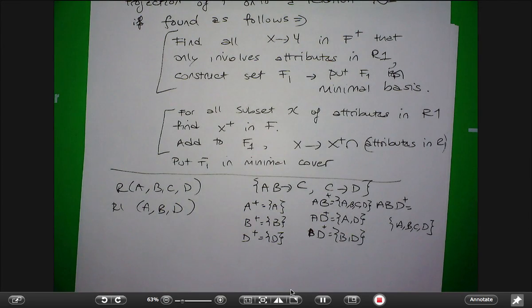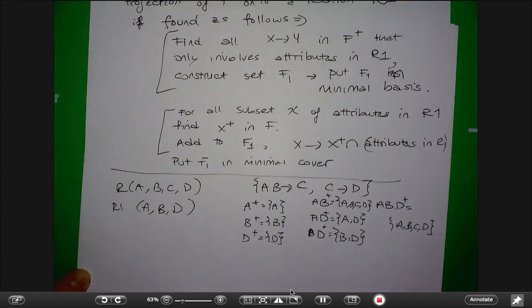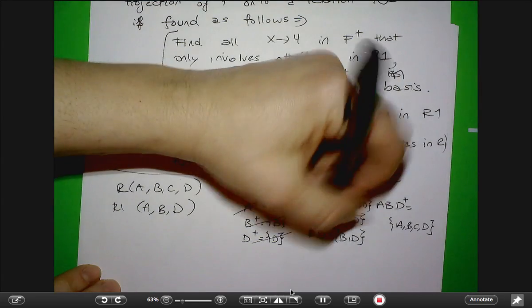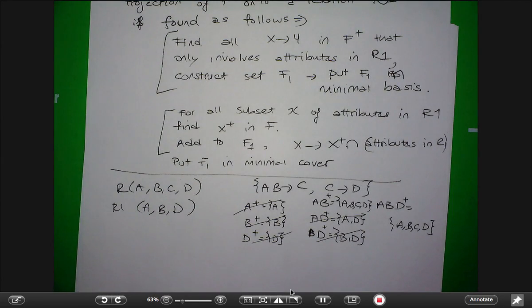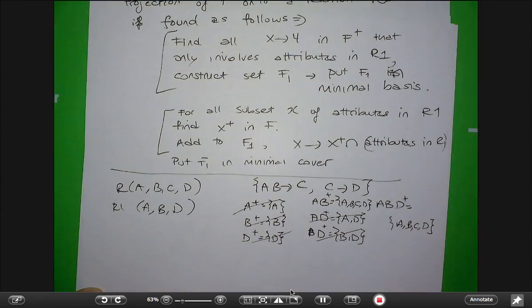So that would imply that I have things like A implies A, B implies B, but those are all trivial, right? So these will all give me trivial functional dependencies. This is trivial, right? None of those are useful. What I do get is AB implies ABCD.